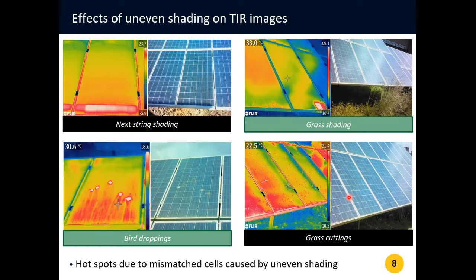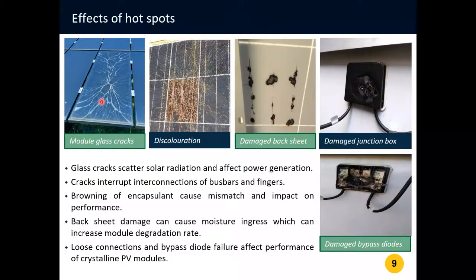Okay, abnormal thermal signatures cause glass cracks, as seen in this picture. Actually, module glass cracks cause scattering of solar radiation falling on PV cells and affect performance.